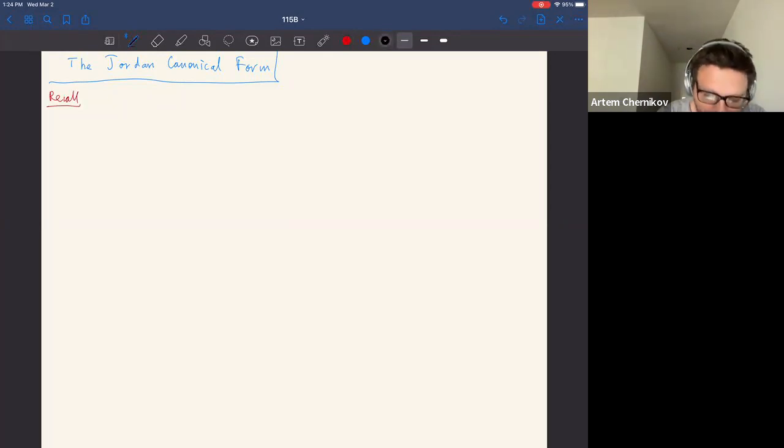So we know that diagonalizable linear operators have a particularly simple description in terms of the matrix.